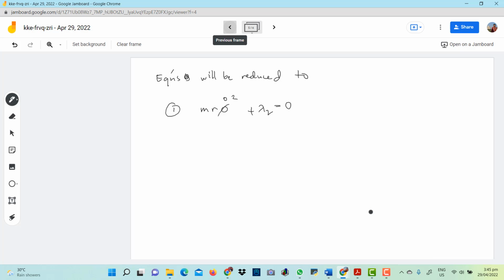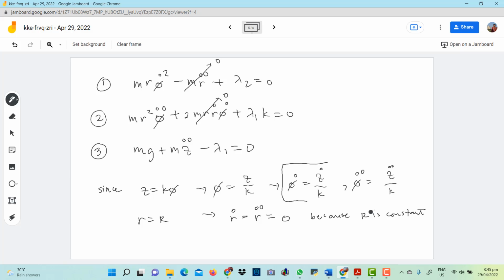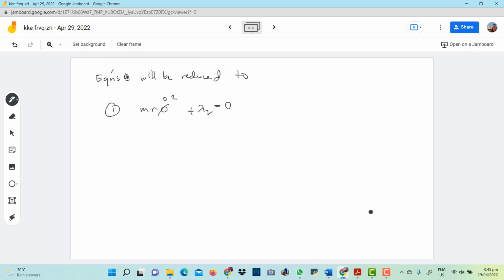And I know that phi dot is equal to z dot over k. So it becomes m R, where r is now equal to big R, times z dot over k quantity squared, plus lambda 2 equal to 0. So from that I can solve for lambda 2. I cannot solve lambda 2 yet since I need z dot, but I have the equation m R z dot squared over k squared plus lambda 2 equal to 0.